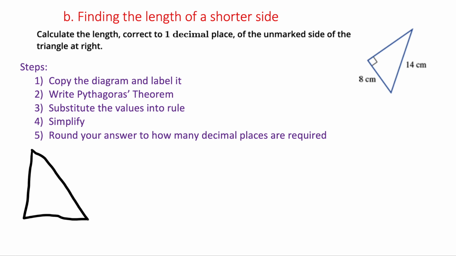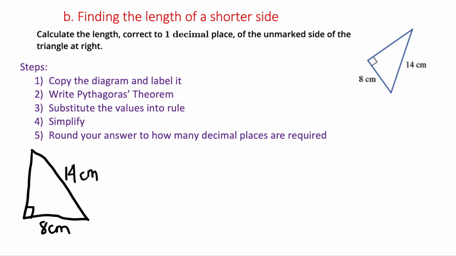I told you girls that I can't draw. Bear with me. Okay, there we go. And I know that here, the side adjacent to the right angle is 8 centimeters. And the long side opposite the right angle is 14 centimeters, which means that this one is the hypotenuse.